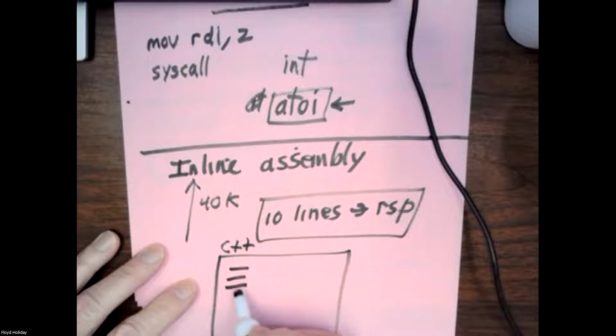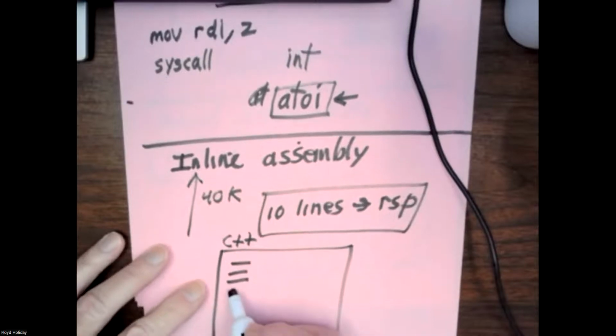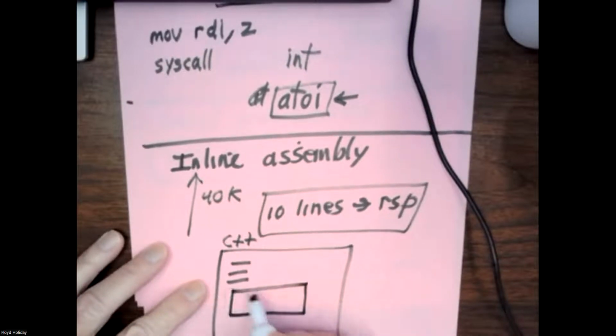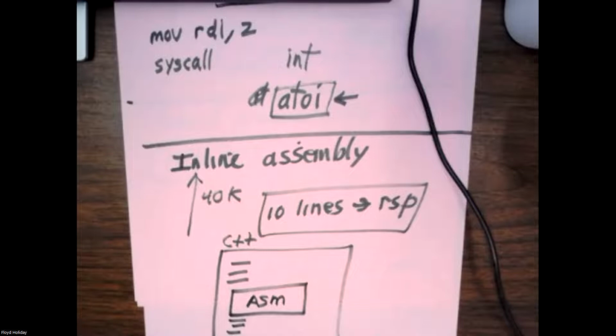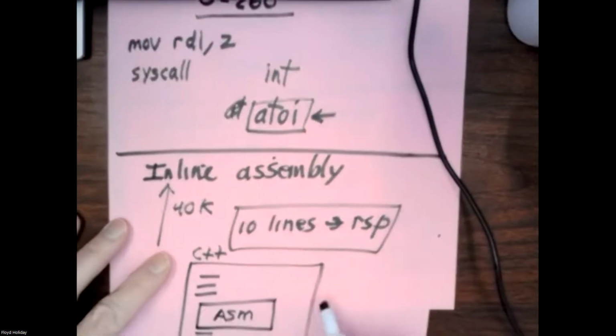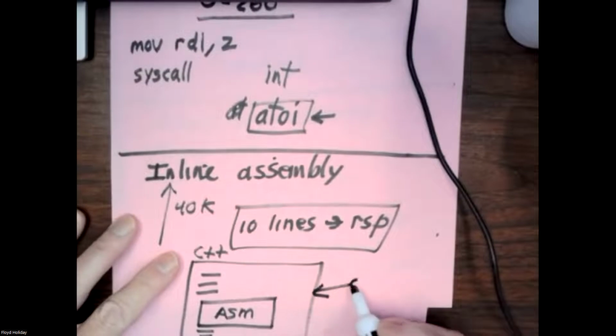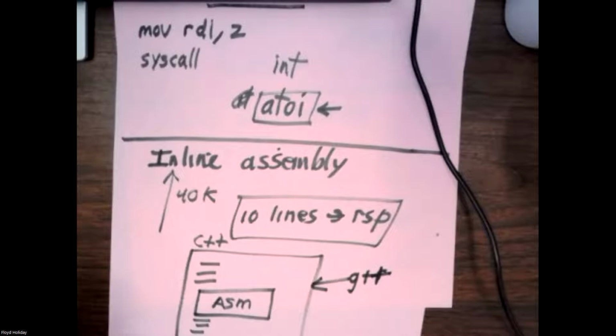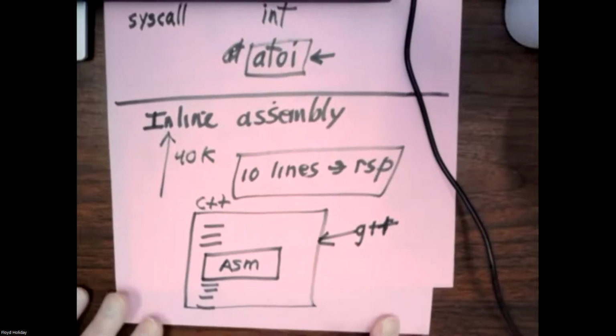You have C language going on, and then you insert a block of assembly, and then you go on and finish the C++ program. And the nice thing, they say, is you compile this with the C++ compiler. You don't ever bring NASM into play. You don't even have to have it installed on your system.